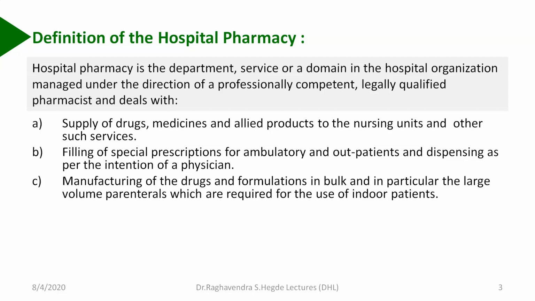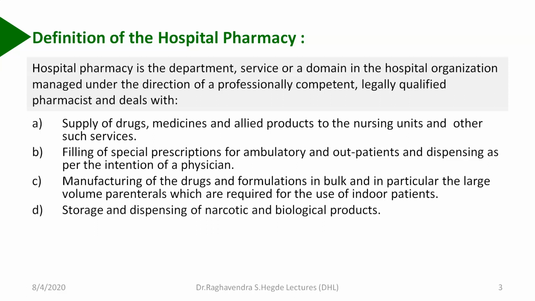Because hospital will be having inpatients. So the big hospitals like Apollo Hospitals, Fortis Hospital, Narayana Hridayalaya Hospital, and many others have their own large volume parenterals manufacturing. So they prepare bulk drugs in a very huge quantity, and that depends upon the requirement and how they handle the bulk and other things.